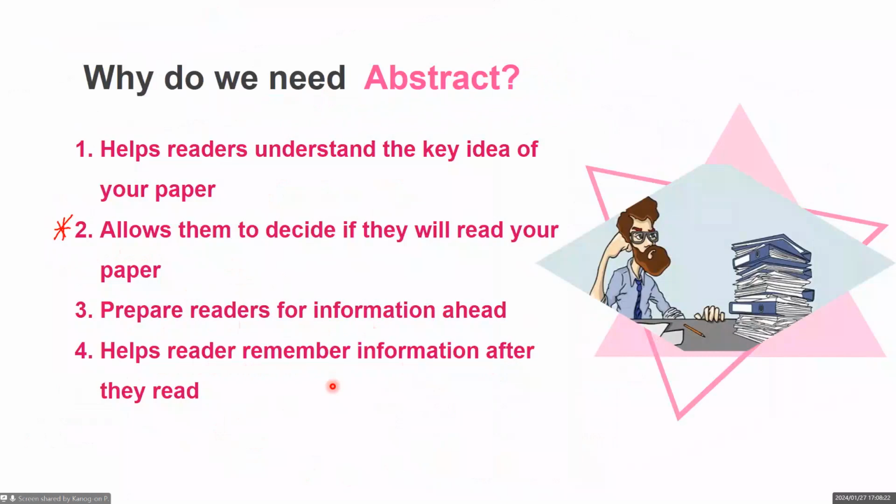So if you read the abstract and you think it's related to your work, you will read their whole research, and then you get some of the points from there. But if you think as the reader, it's the same, right? It makes you decide: should I continue reading this paper, or should I not read it because it's not related?